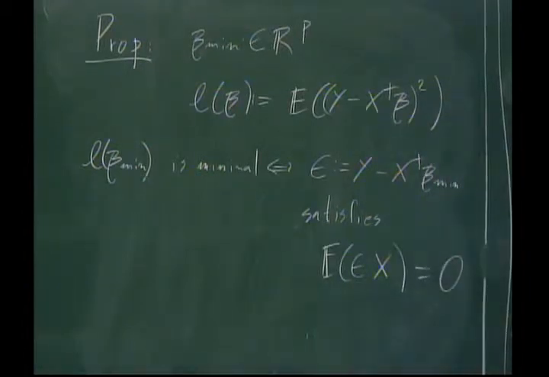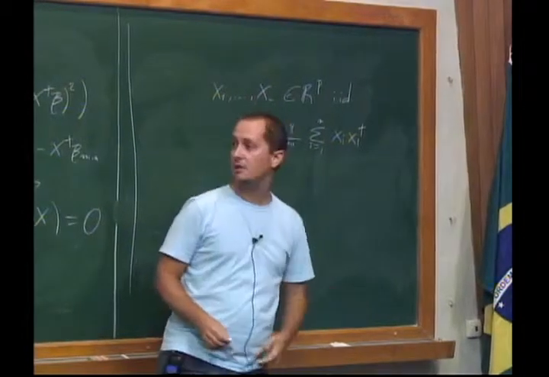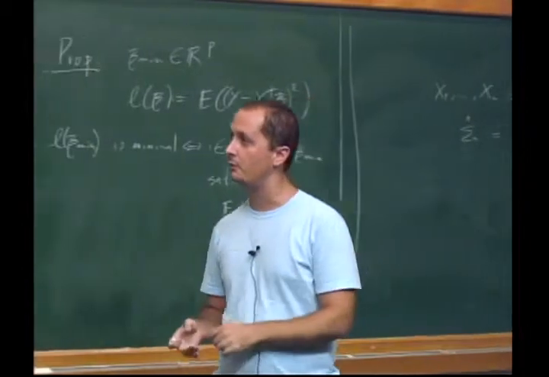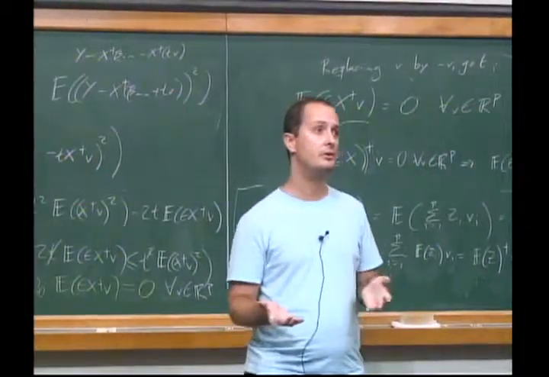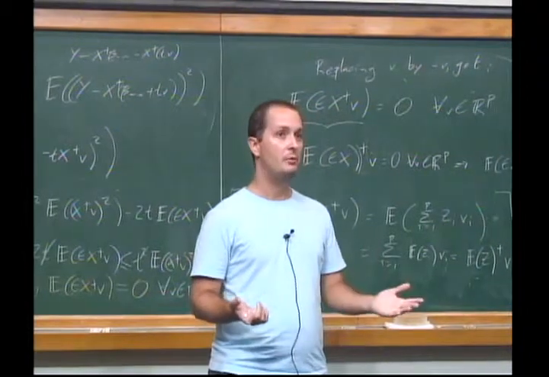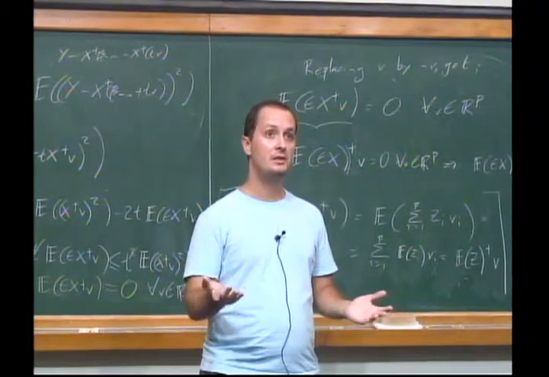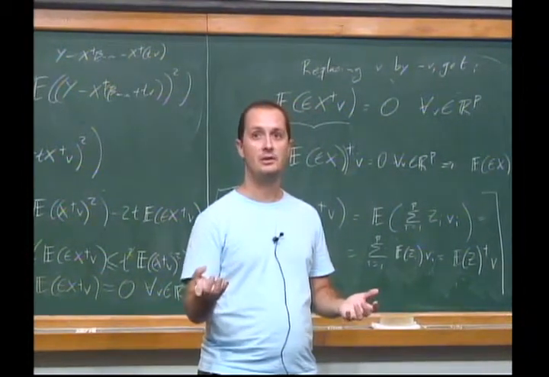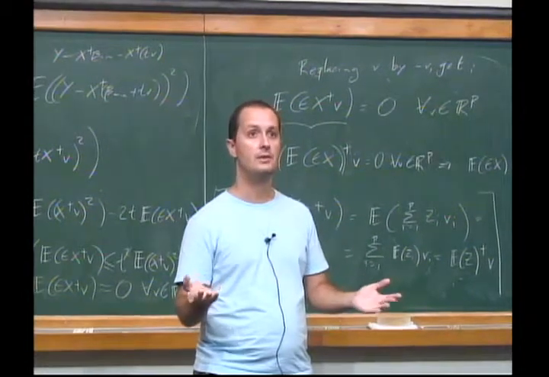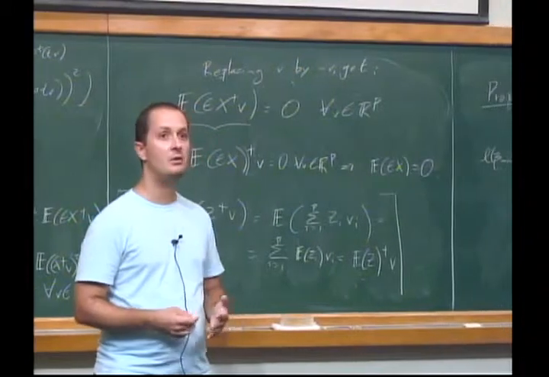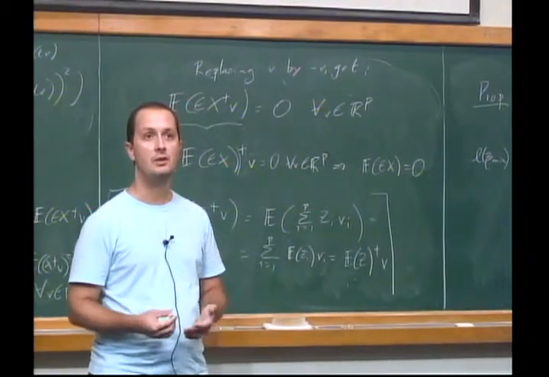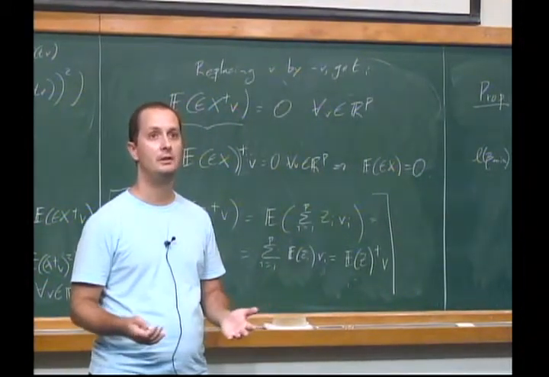Of course, this matrix here hasn't appeared yet, right? So I'm doing what I said. I had a very clean theoretical problem, which is I give you a random vector x and a random variable y, and I want to know the best linear combination of the coordinates of x in order to approximate y in this L2 sense. That's a very clean theoretical problem, except that in practice you can never solve it, because you don't know the distribution of x or y.